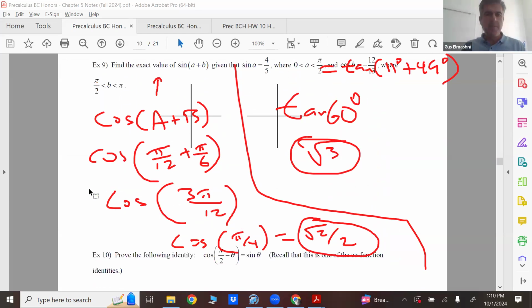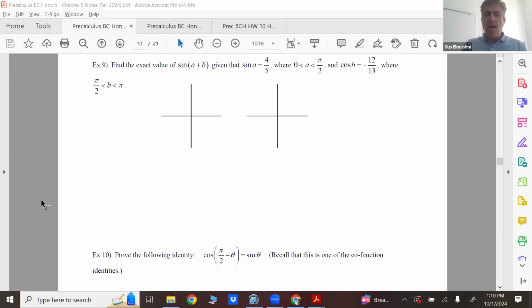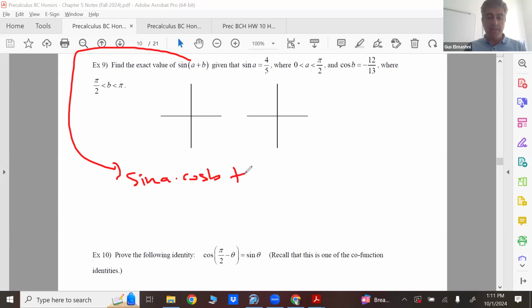All right. Okay. I love these problems. These are some of my favorite problems because this requires you to know your right triangle geometry, know SOHCAHTOA. Guys, quiet, please. Thank you. All right. So this is going to be sine A times cos B plus cos A times sine B. And we have 2 triangles.